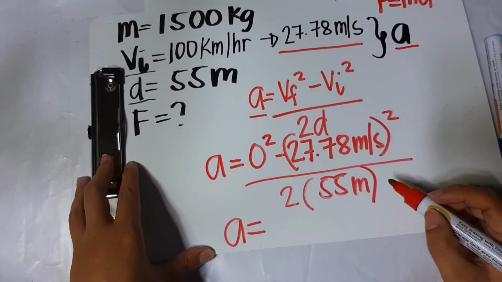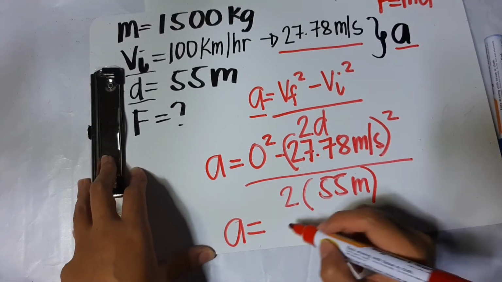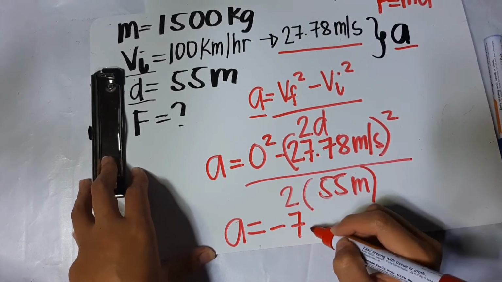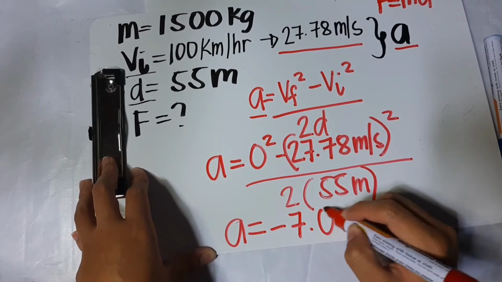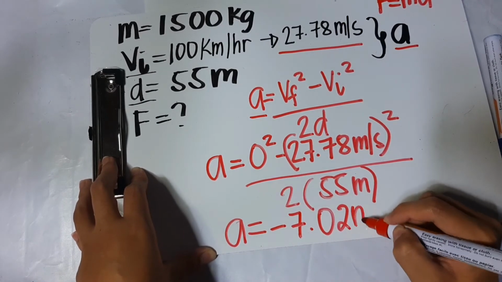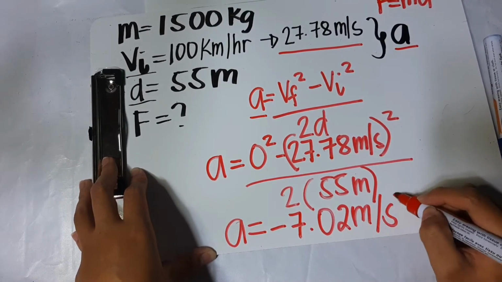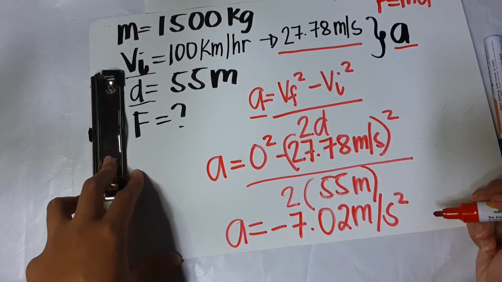So the value of acceleration is negative 7.02 meters per second squared.